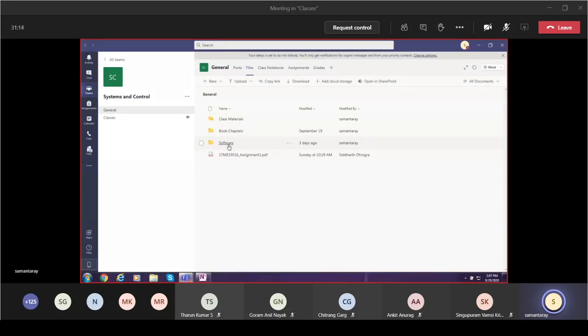Inside that software folder, you have the installation setup for the simulation software that is for your personal use. So you do not share it for any commercial use. As long as you use it for your personal or academic purpose, it is fine.